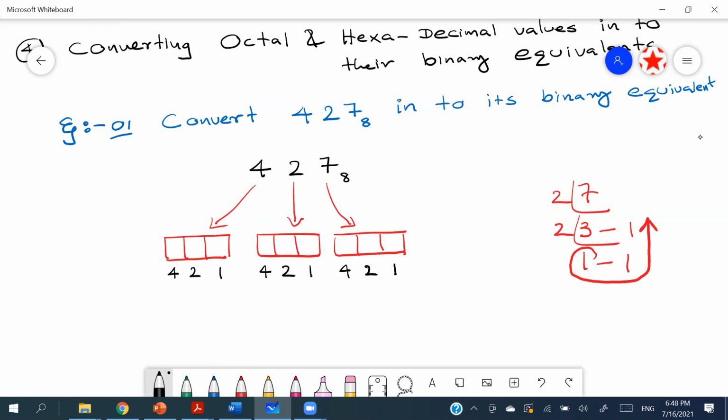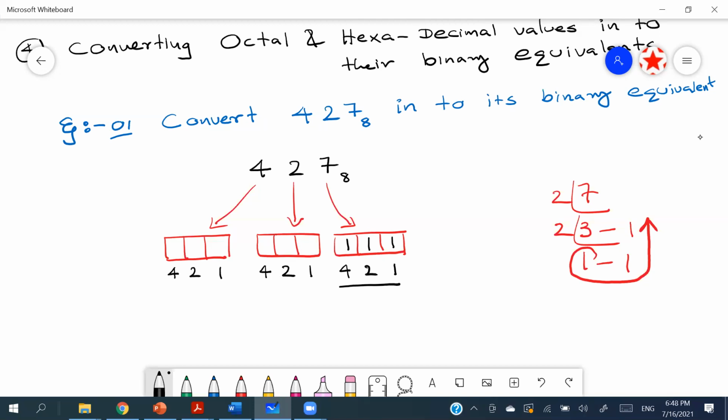So now what you have to do is, using these values, just create the corresponding value. How are you going to create 7 out of these 3 values? You need 1 over here, 1 over here, and another 1 over here. So 4 plus 2 is 6, 6 plus 1 is 7, right?